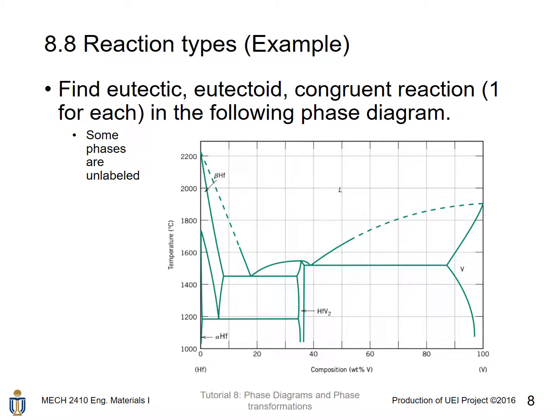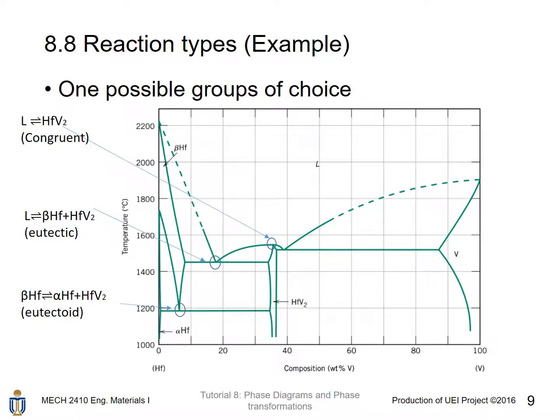One example: find a eutectic, eutectoid, and congruent reaction, one for each, in the following phase diagram. And some of the phases in this phase diagram are unlabeled, and you need to determine them yourself. And here is one possible group of choices.